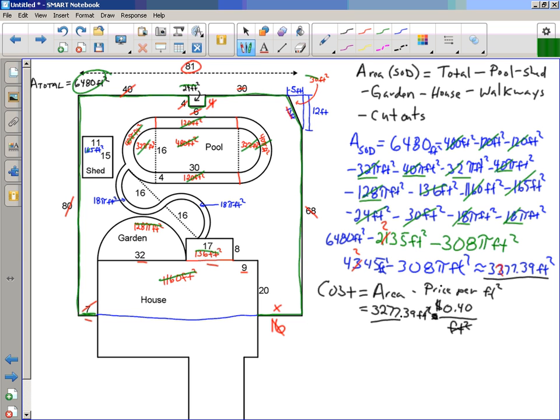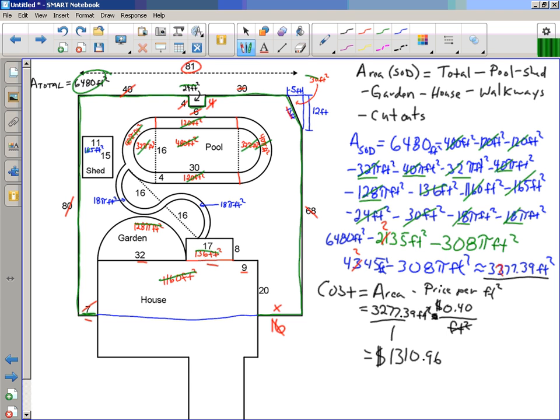And that's, once again, where those square feet cancel out. And the answer is going to be in dollars. If I use the answer button in my calculator to get that nice non-rounded version, 3277.39 whatever else, times 0.4 equals 1310.96.